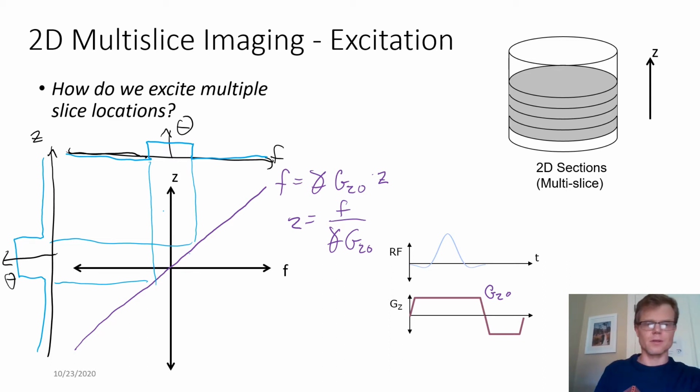So this is the same picture that we used in Chapter 10. So over here in this picture, you might initially excite signal from one of these slices.